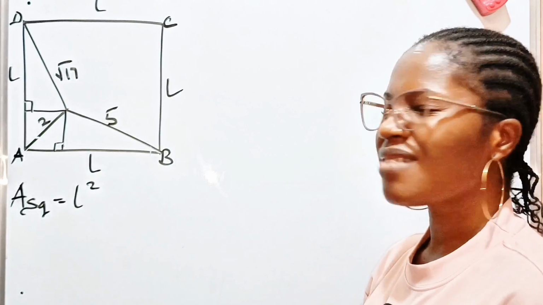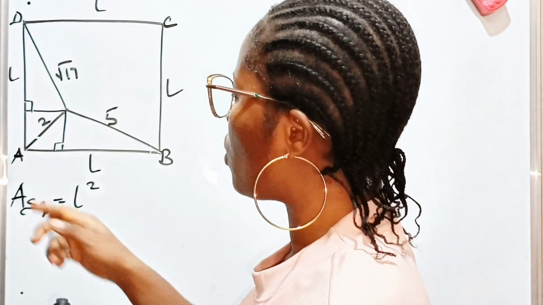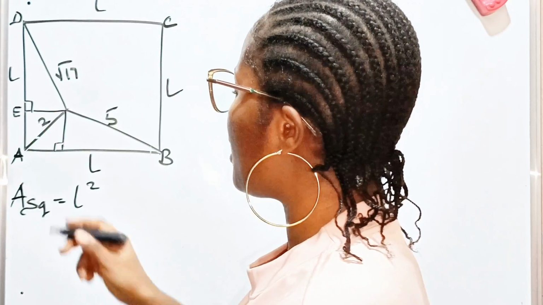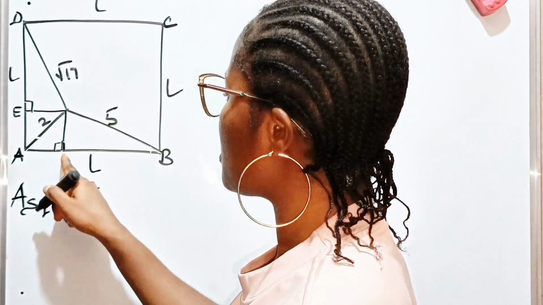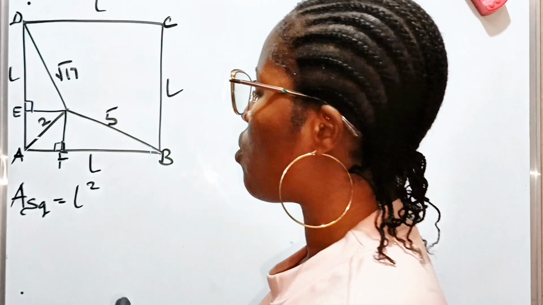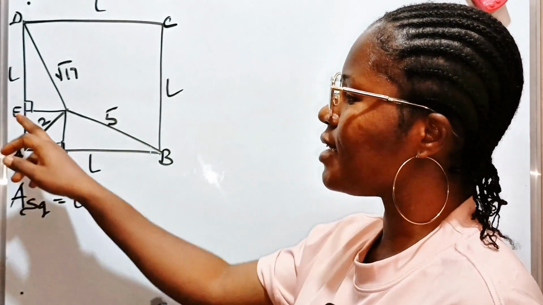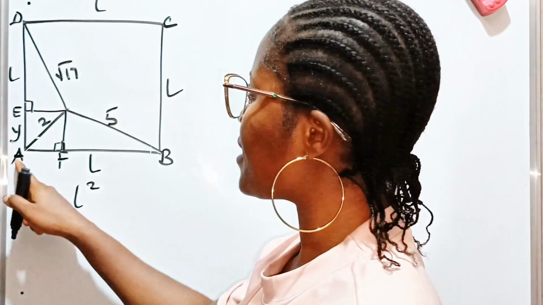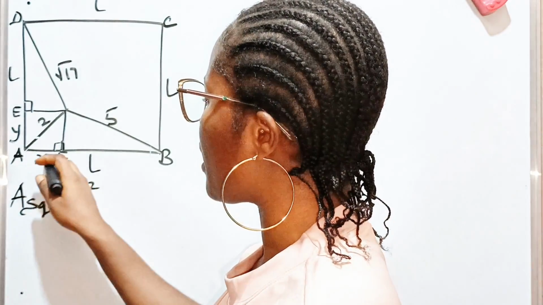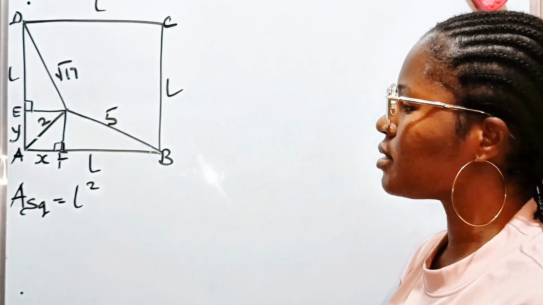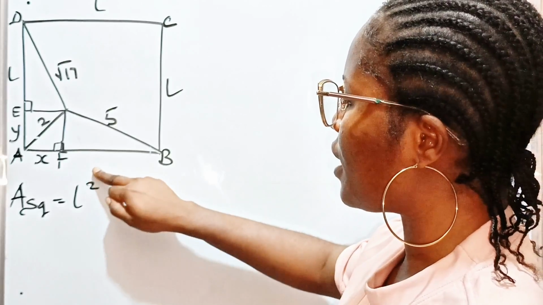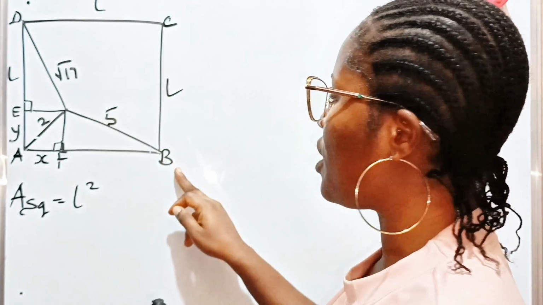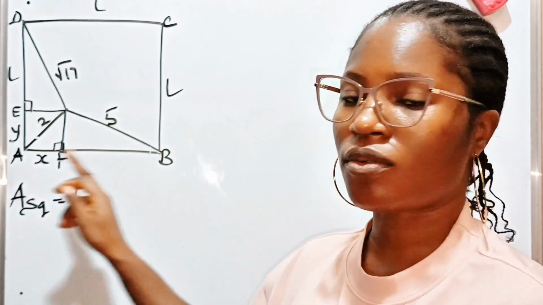Okay, now let us call this point E, and let us call this point F. Now let EA be equal to Y and let AF be equal to X. All right, now if that is the case, remember that AB is equal to length L, right?